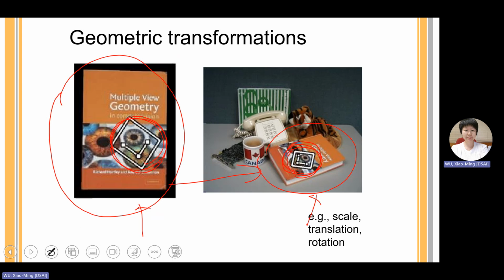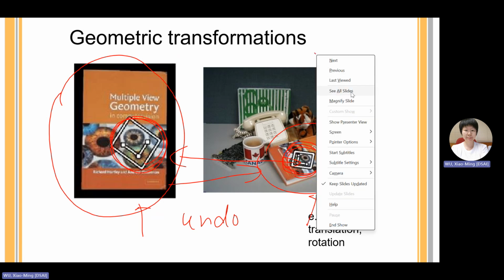And then how can we do the matching? We must undo the scaling effect and also the rotation effect, and then we can match them.